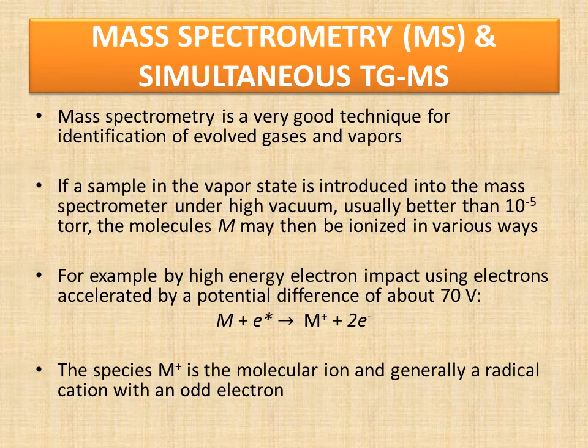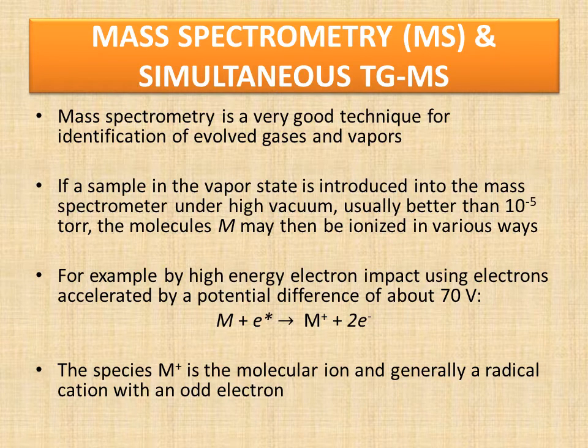So first of all, mass spectrometry and simultaneous TGMS. Mass spectrometry is a very good technique for identification of evolved gases and vapors. If a sample in vapor state is introduced into the mass spectrometer under high vacuum, usually better than 10⁻⁵ torr, the molecules M may then be ionized in various ways.